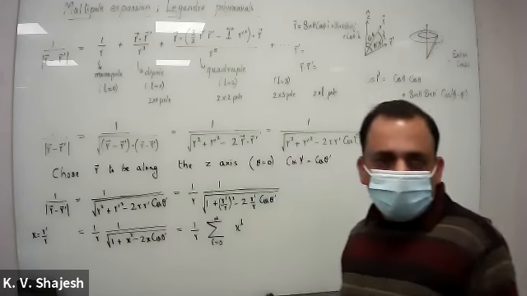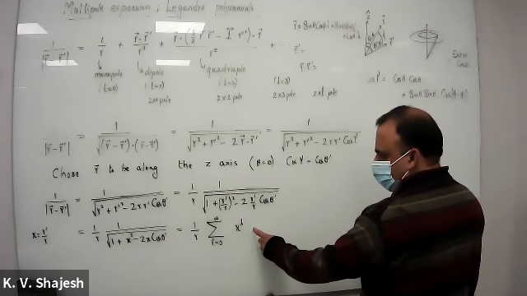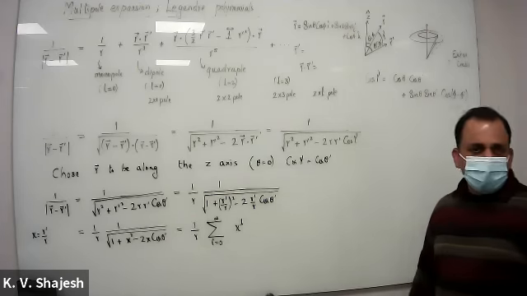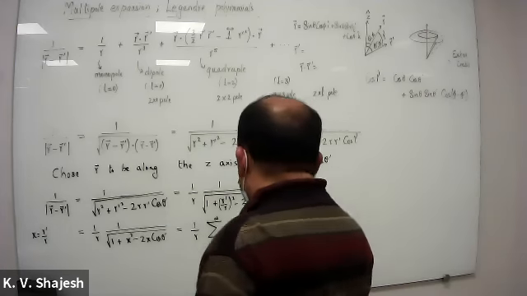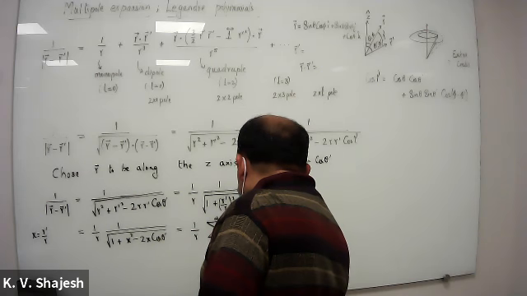So I want an expansion of this form, and if that is the case, then I should have coefficients in there, and these coefficients will be called the Legendre polynomials, P_L of cosine theta.